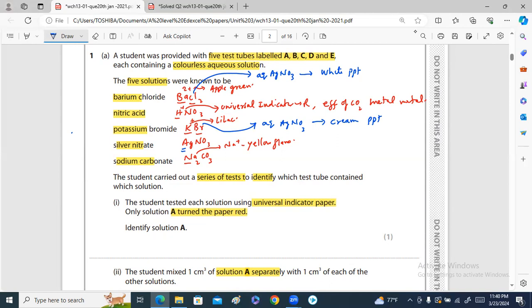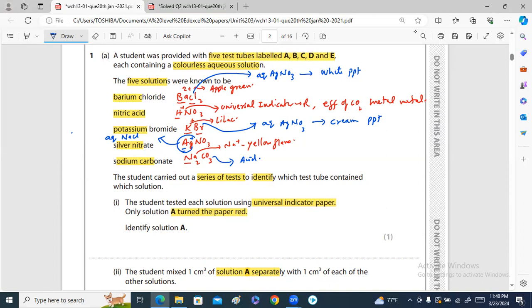Silver ions can be tested by using the aqueous solution of metal halides, like sodium chloride, potassium bromide, potassium iodide, and then we can get the different colors of the precipitate. Here, the carbonate ion can be tested by using acid. So these are some information regarding your specification.